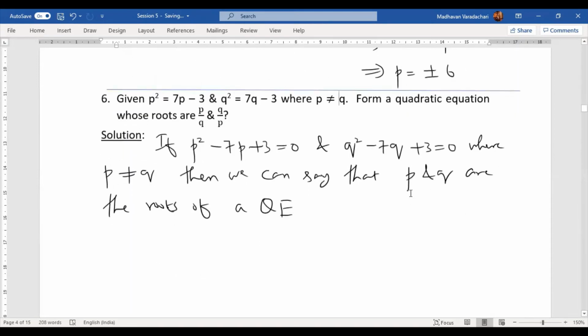I will write general quadratic equation as, instead of P or Q, I will simply write x square minus 7x plus 3 equal to 0.